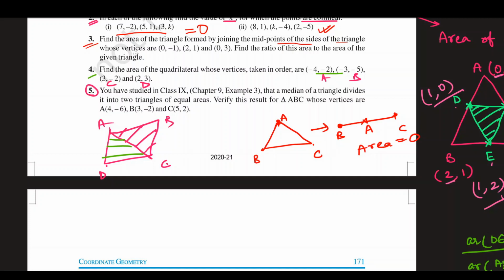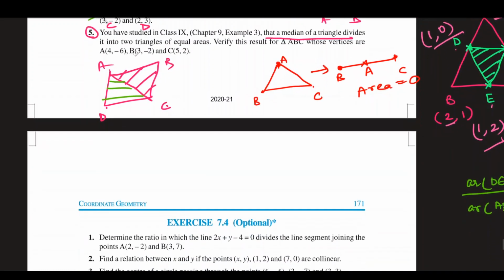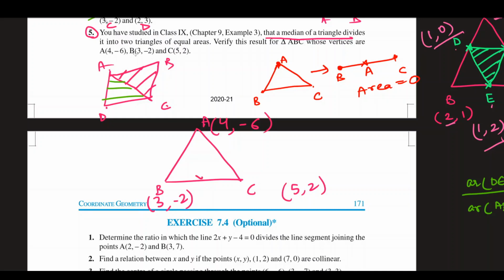In the next question, the question says that a median of a triangle divides it into two triangles of equal area. So if this is the triangle ABC, where A is 4 comma minus 6, B is 3 comma minus 2, and C is 5 comma 2, you have to mark this point D as the midpoint of BC.